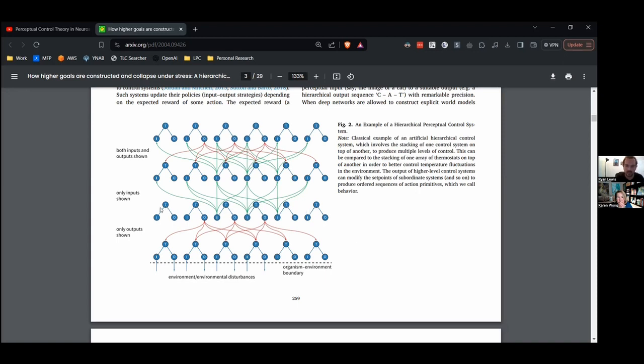So that could be this layer right here. And what if you had those interact with each other, where the outputs of this layer became the control for the lower layer, right? And so now you can think of it like the desired state of the lower layer is being determined by the upper layer, right?